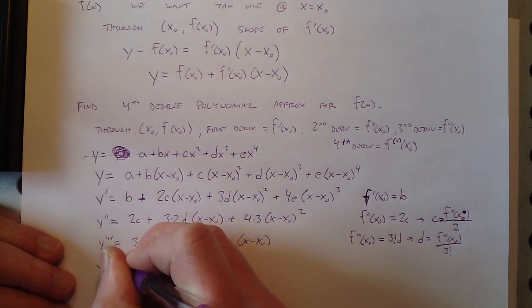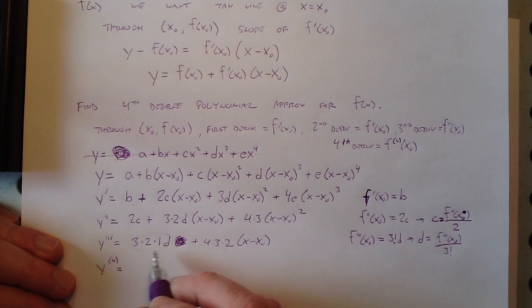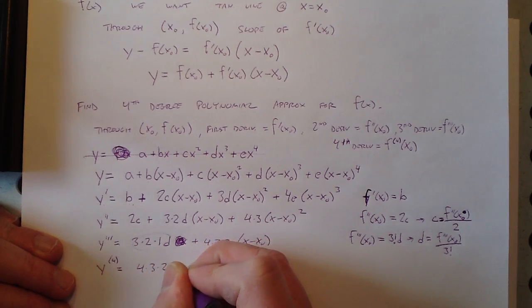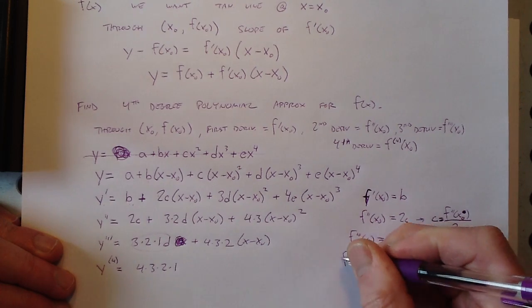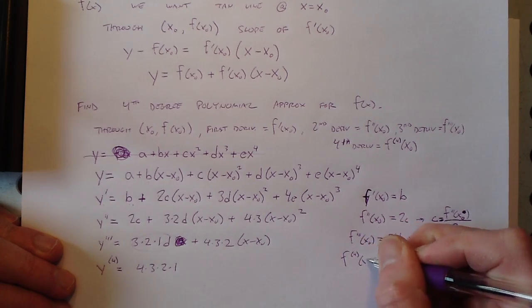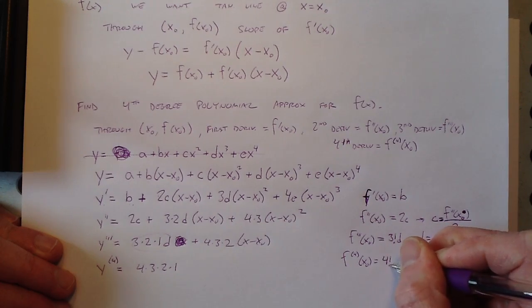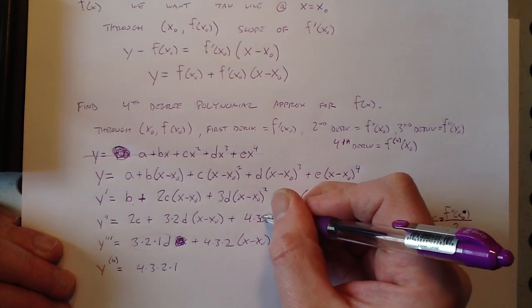And finally, the fourth derivative would be equal to, this is just a number, so that's gone. It's 4 times 3 times 2 times 1, and that goes away, right? Because that's just x to the first. So my fourth derivative at x sub 0 is equal to 4 factorial times, oh dear, I lost my e somewhere, didn't I? Sorry.